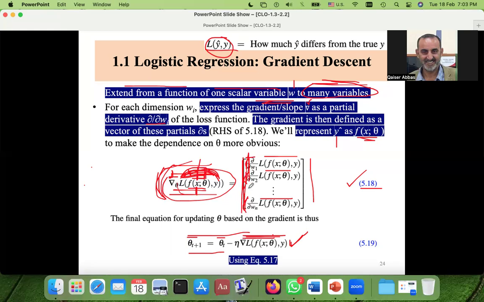You are checking all the weights on this input x1, and then you will check all the weights on x2, and in this way you will go on. So here our observation is single, but our weights are all. We are checking the whole vector of the weights.